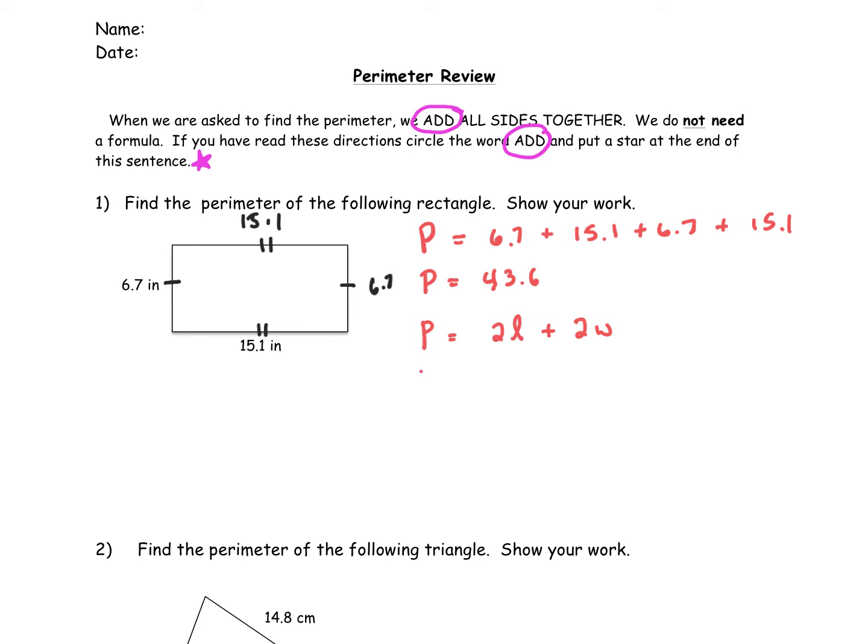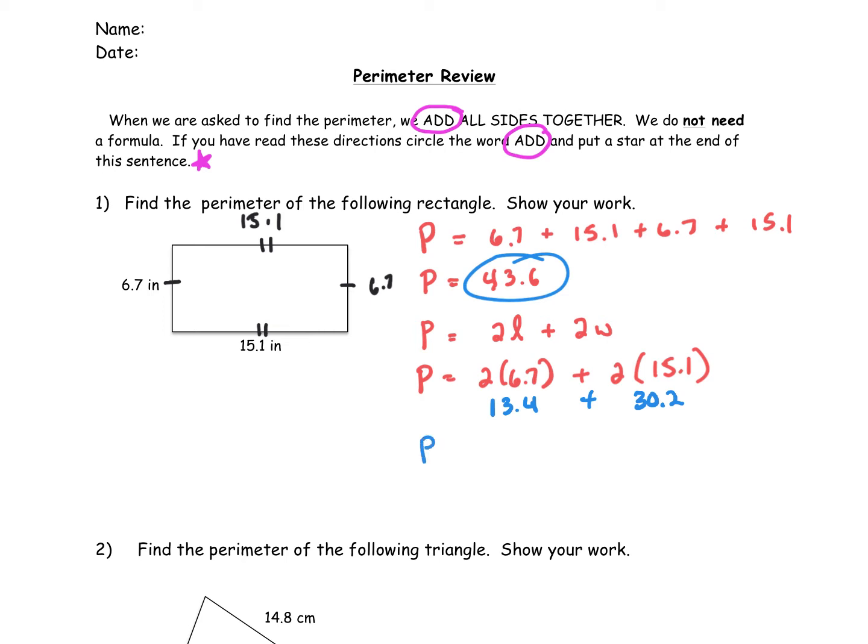So some of you may have decided, instead of adding them together, you were going to double up, or take 2 times the length, and do the same thing with the width, and you would get the same answer. And this would be 13 4/10. This would be 30 2/10, and if we add those together, it is 43 6/10.